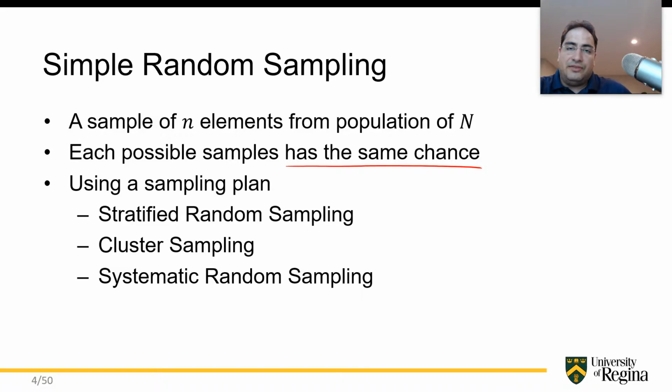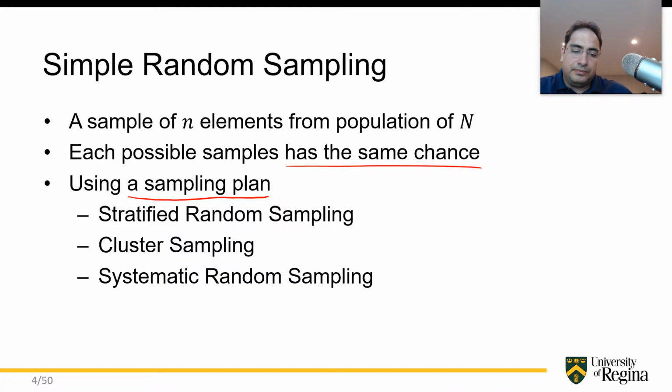If it doesn't have the same chance, then either something's wrong with your sampling or you're using a specific type of sampling. So you usually perform sampling based on a sampling plan. We have many of them. Some of the major ones are stratified random sampling, cluster sampling, and systematic random sampling.